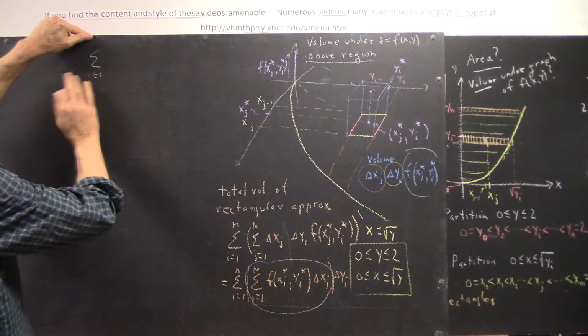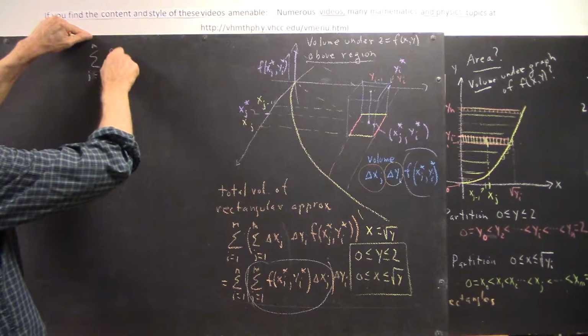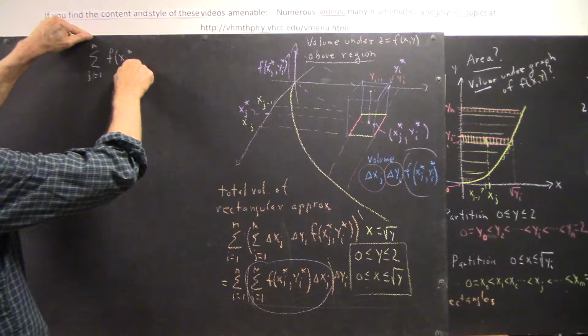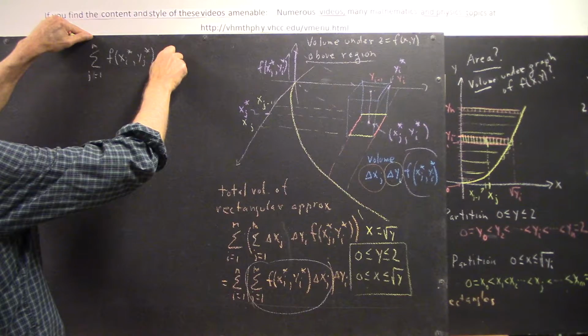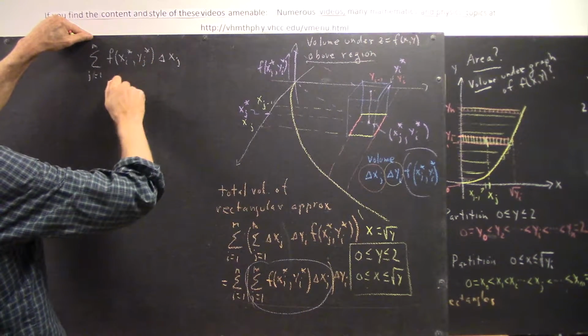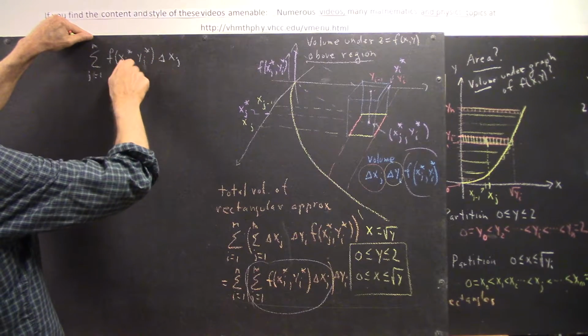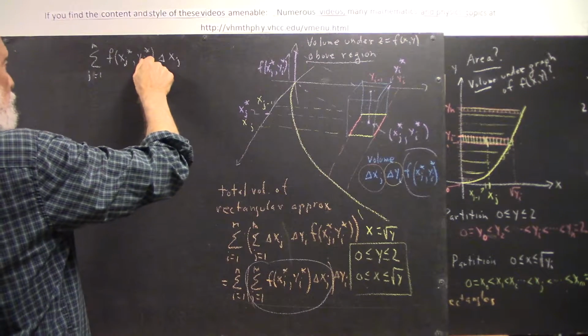The sum from j equals 1 to m of f of xj star, yi star delta xj.